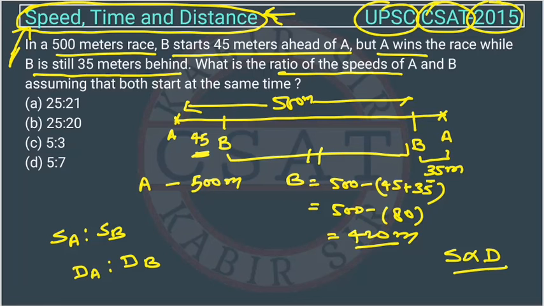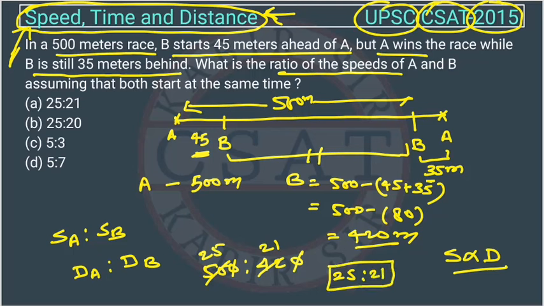The distance traveled by A is 500 and by B is 420. This 0 will cut this 0, from 20 we can cut both, it will go 25 times and 21 times. So the ratio will be 25 is to 21. This is the answer, so the answer is option A. This is an easy question, right.